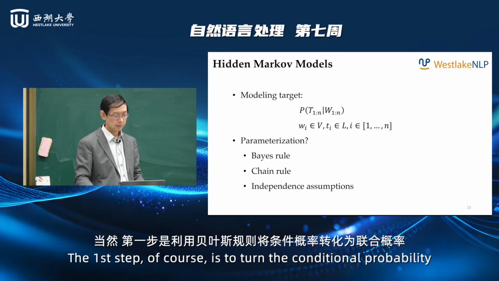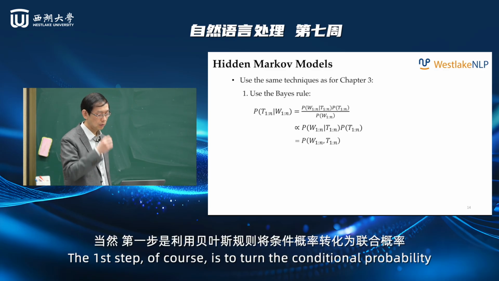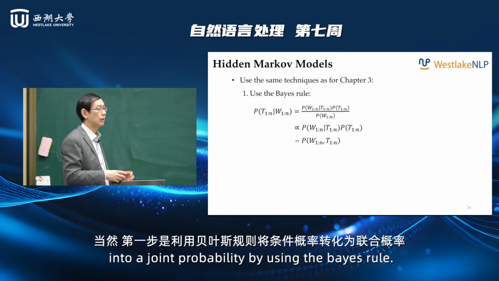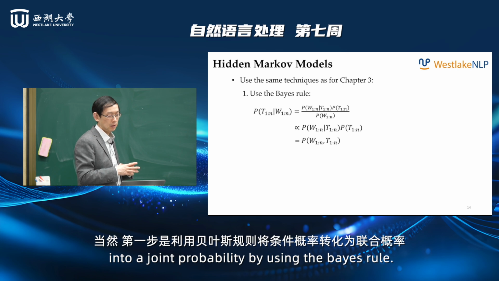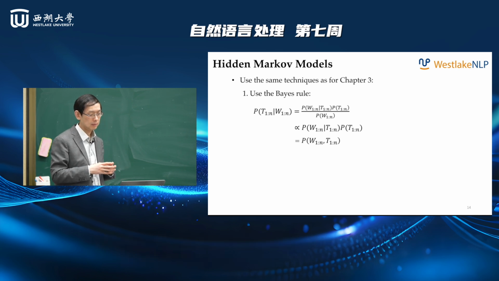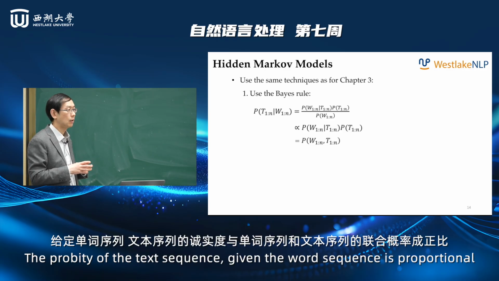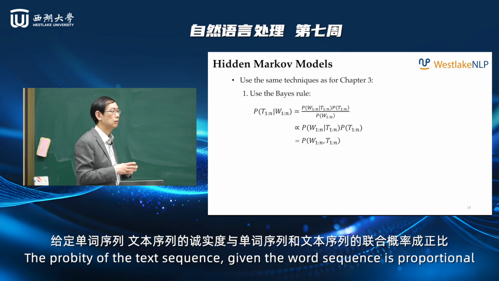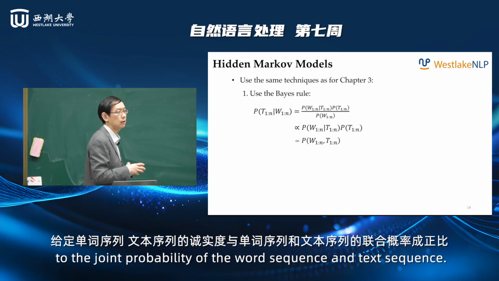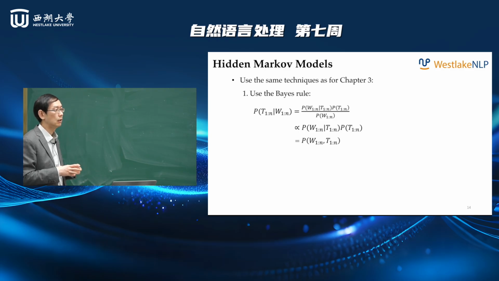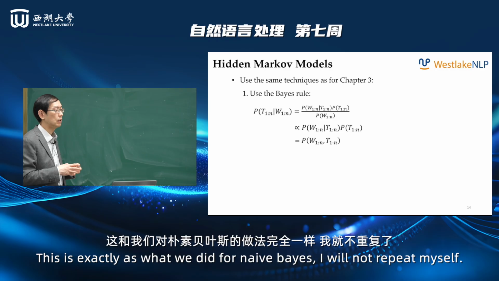So the first step, of course, is to turn the conditional probability into a joint probability by using the Bayes rule. So the probability of the tag sequence given the word sequence is proportional to the joint probability of the word sequence and the tag sequence. This is exactly what we did for naive Bayes, so I will not repeat myself.